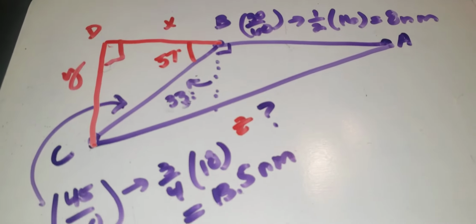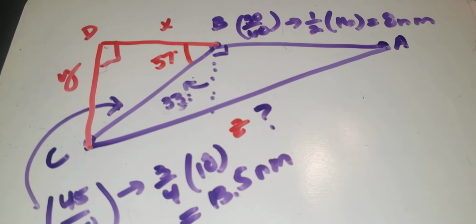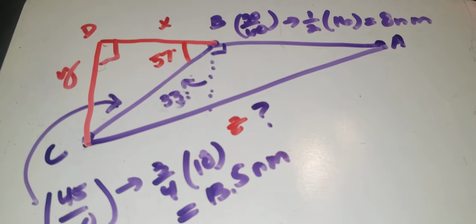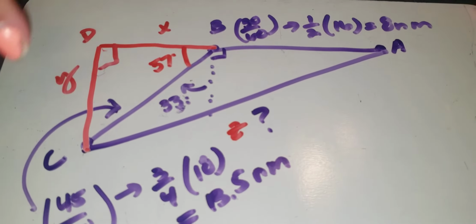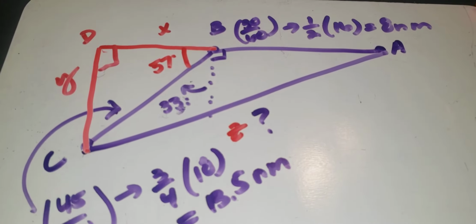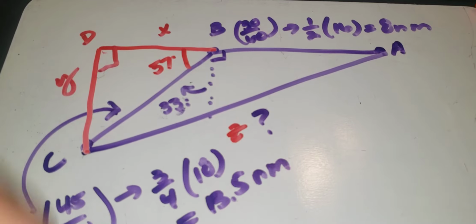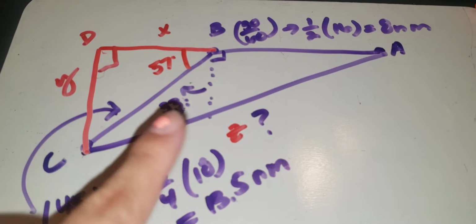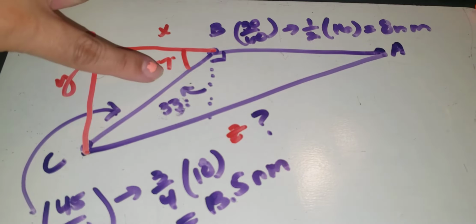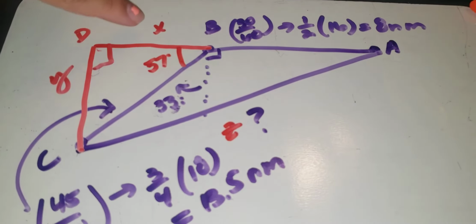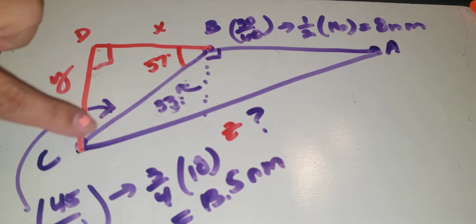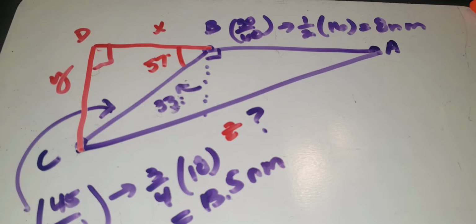So just like before, I don't care to actually find an exact value for X or Y. I'm just going to set an algebraic expression to solve for it. So this time let's do it correctly. I'm going to solve for X. X is adjacent and I know the hypotenuse, so that's cosine.